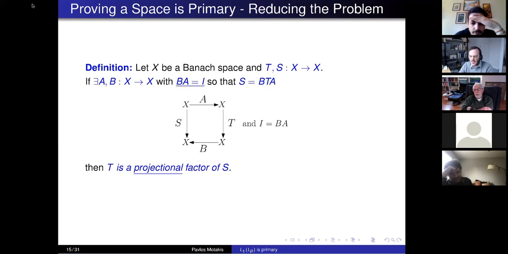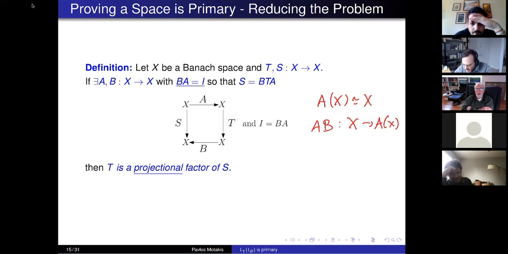And you might ask, why are you calling this a projectional factor? The reason is the following: if you look at the image of A, AX, this is isomorphic to X. And if you look at AB, so BA is the identity, but AB from X to AX is a projection. So the image of A is a copy of X, and it's a copy onto which you can project via this operator AB.